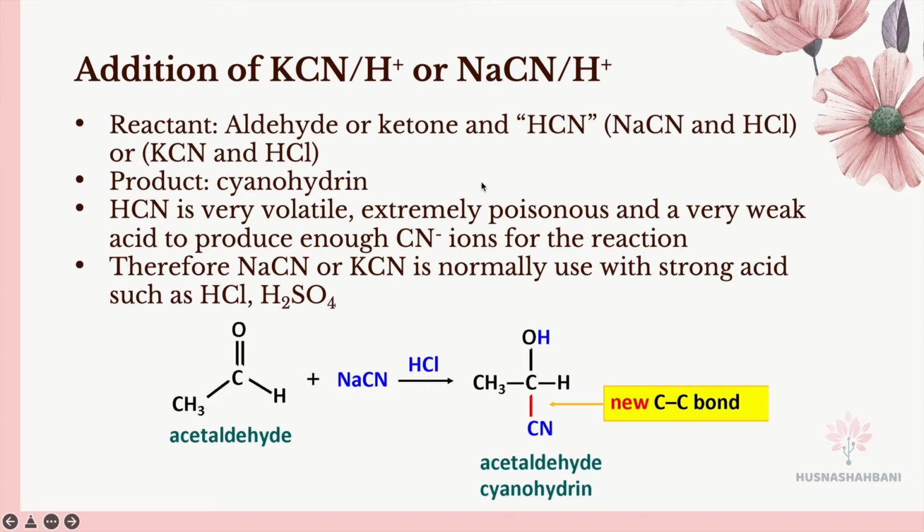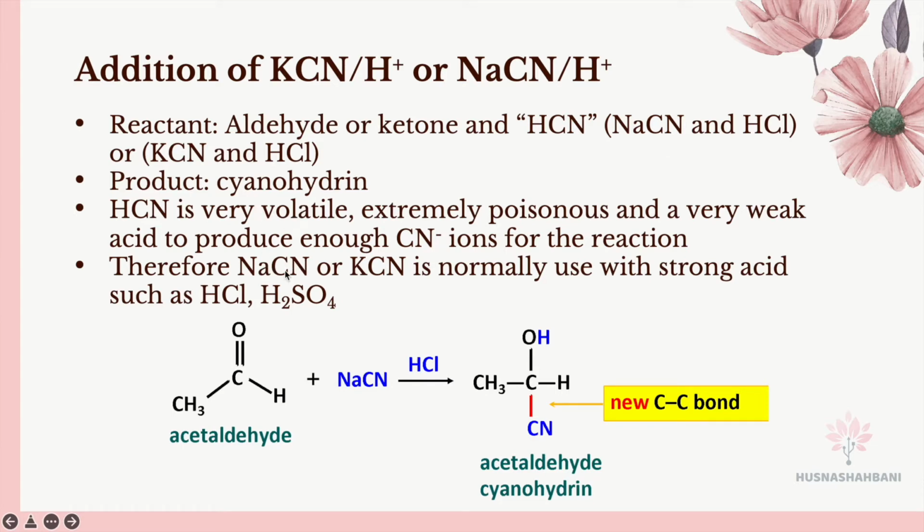The H plus from HCN is very weak, so it is not suitable to use HCN directly. Plus HCN is very volatile. If you want to react aldehyde directly with HCN, the HCN is gone because it's very volatile.